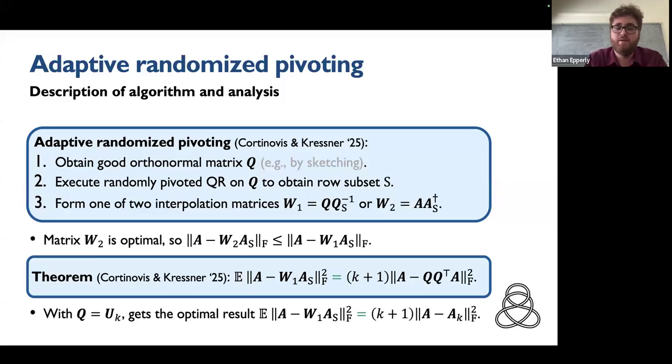If I were to run this algorithm with the optimal choice, Q equals UK, the top K singular vectors, then I get this optimal result where the expected value of the approximation error equals K plus 1 times the best rank K approximation error. And I should again emphasize this is an equality.